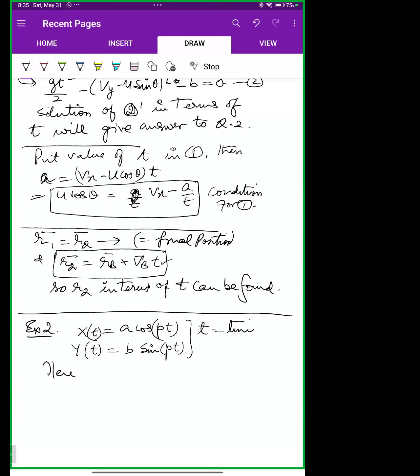Here a, b and p are positive constants and a is greater than b.